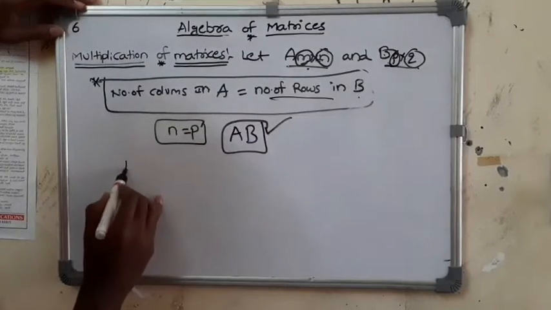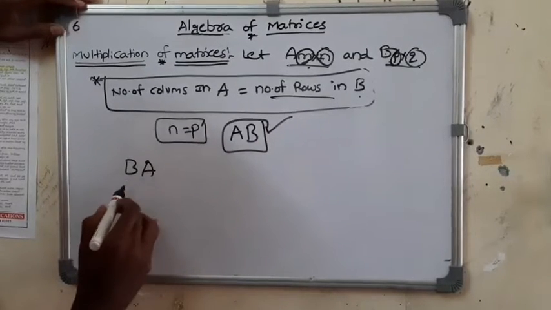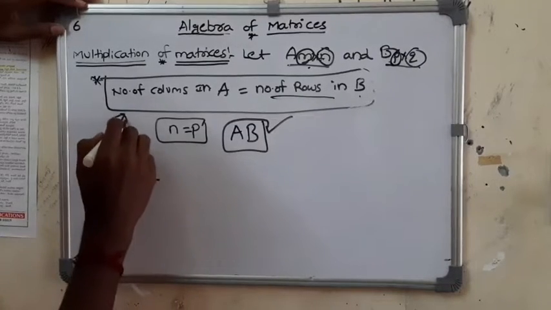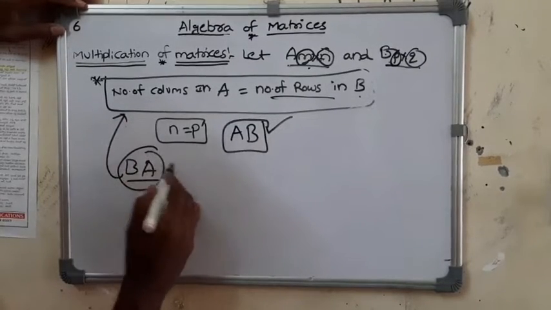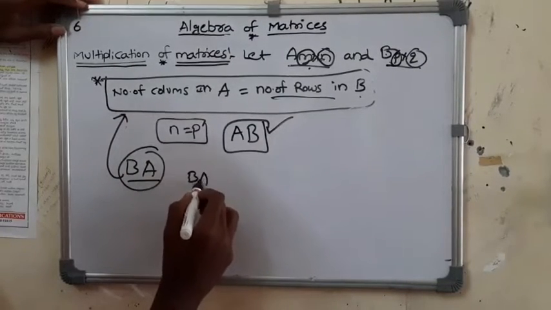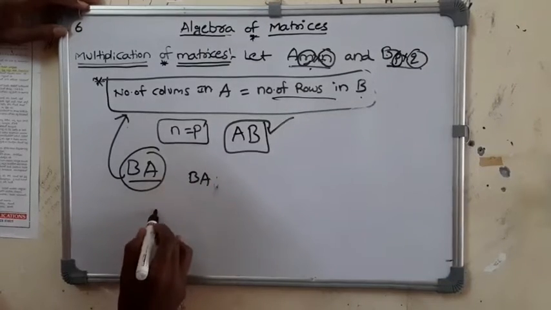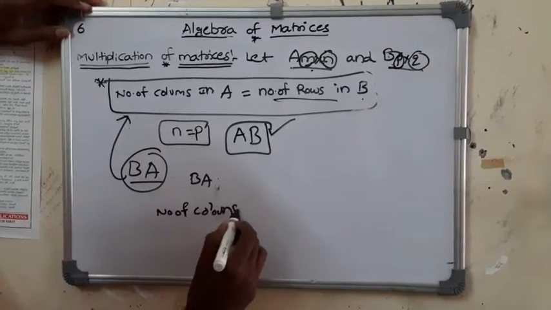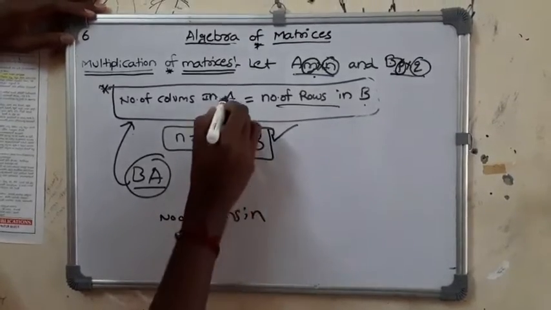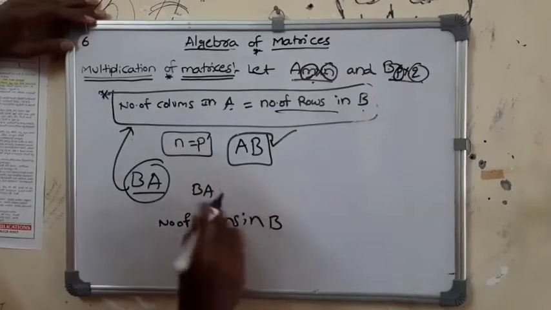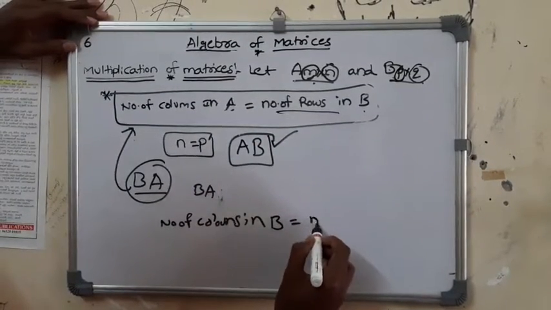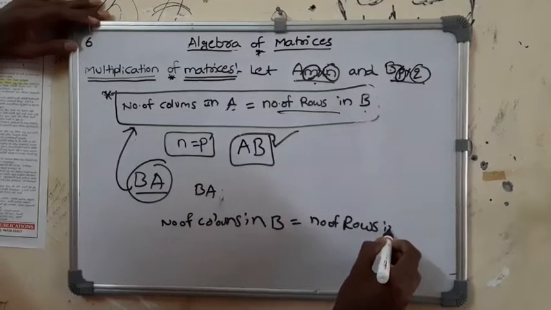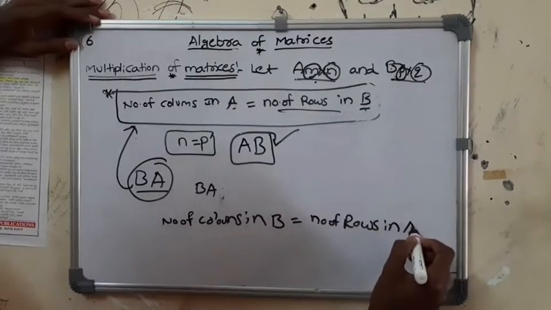If we want to obtain BA, then the same condition is applicable. We need the number of columns in the place of A, here B, to equal the number of rows in the place of B, here A. Why?